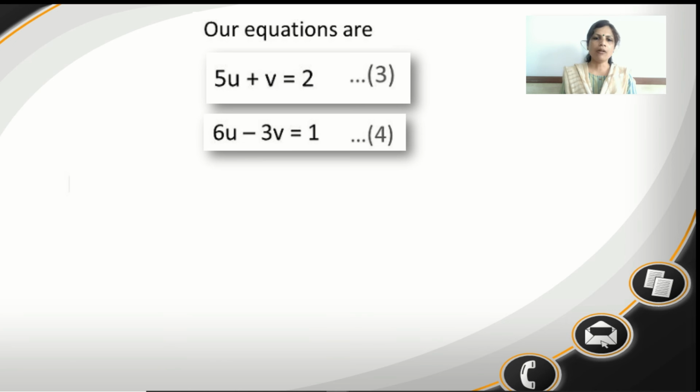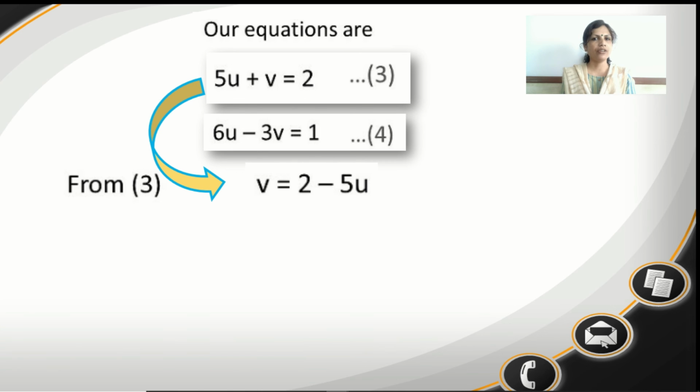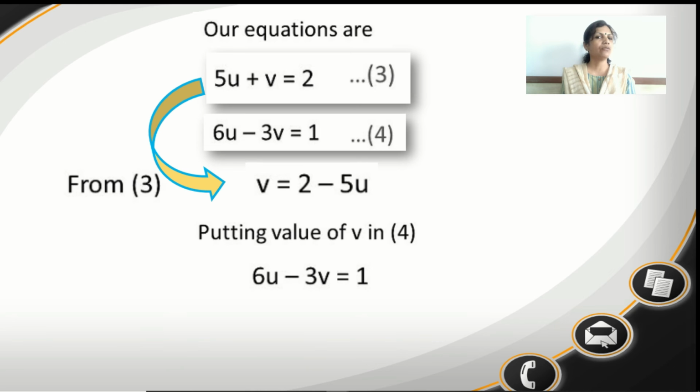Okay, so from equation 3, it's easy for us to substitute for the value of v. So we will write v is equal to 2 minus 5u. And this value we will put in equation number 4 so that we can get the value of u. So 6u minus 3v is equal to 1 is our equation 4.